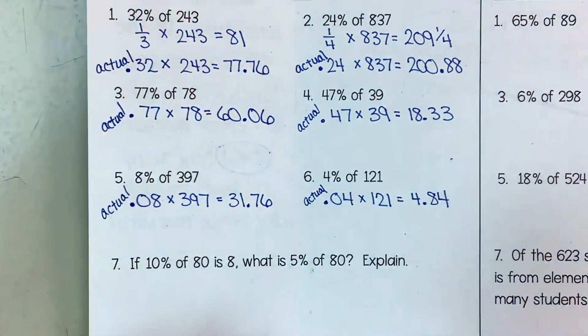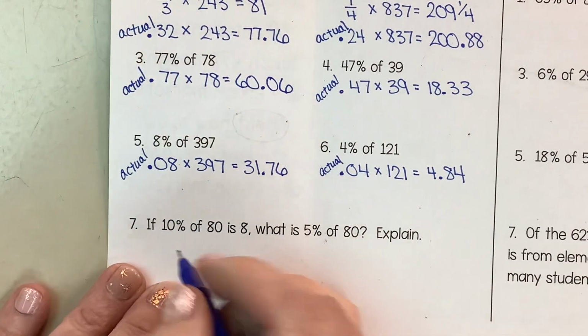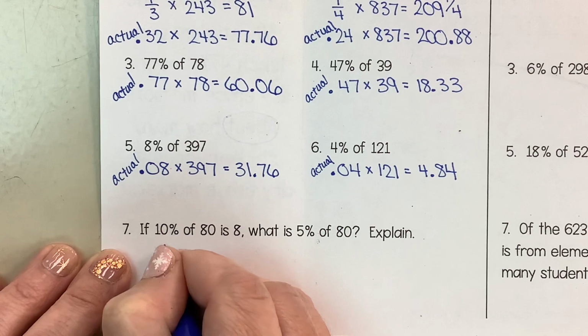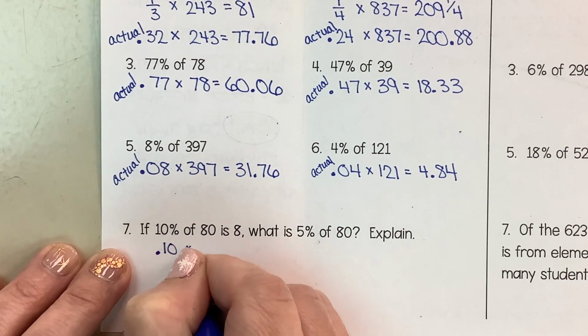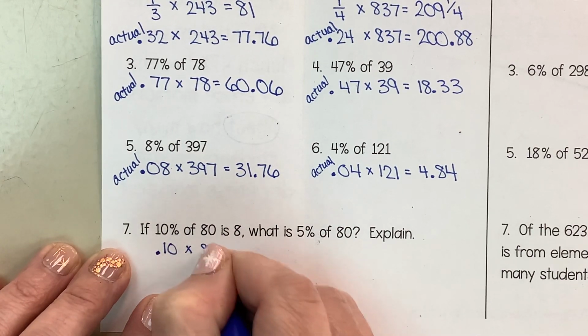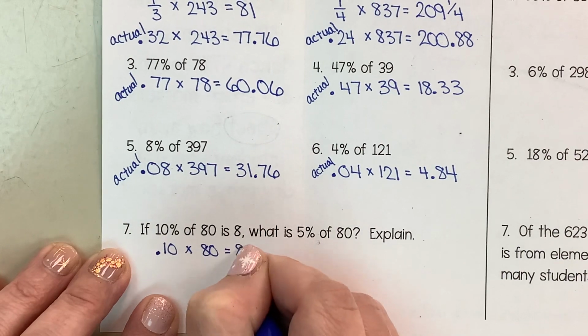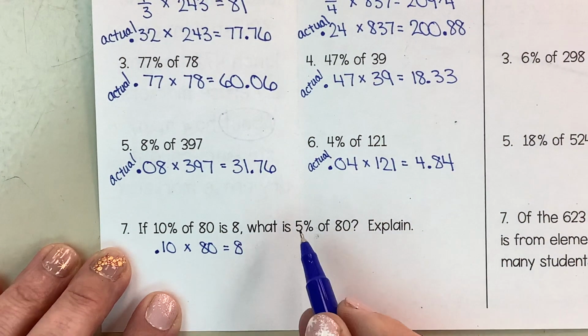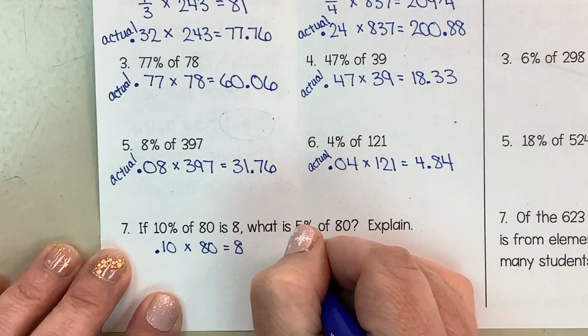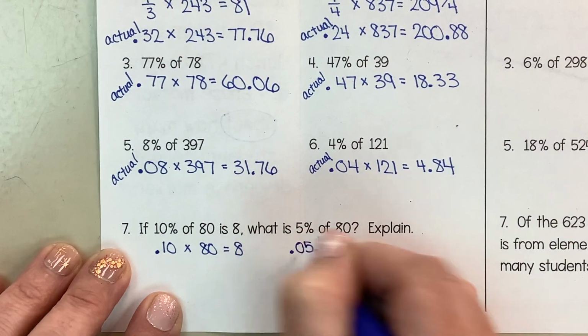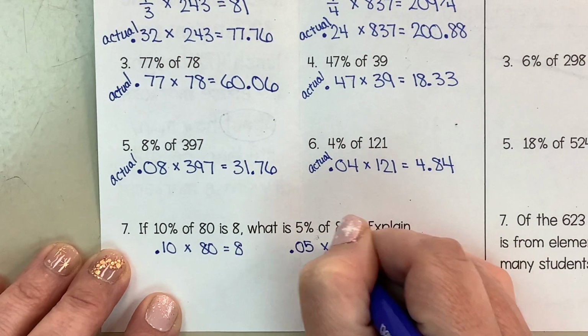On this last one, they tell us 10%, so 0.10 of 80 is 8. Then they want to know what would be 5% of 80.